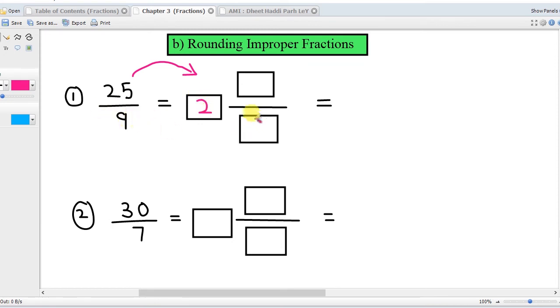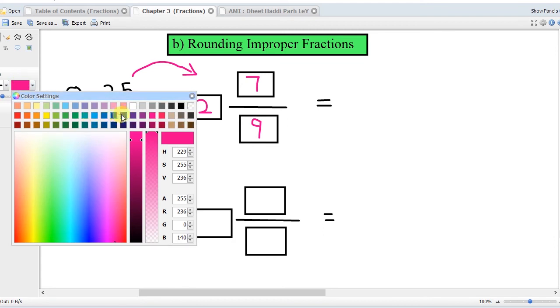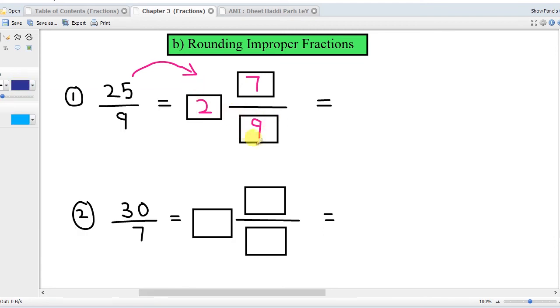So this is my divisor. Keep your divisor as it is. So 2 times 9 is 18; 25 take away 18, we are left with 7. So this is the mixed fraction we get after converting it. Now see, what is half of 9? Look at the denominator value.